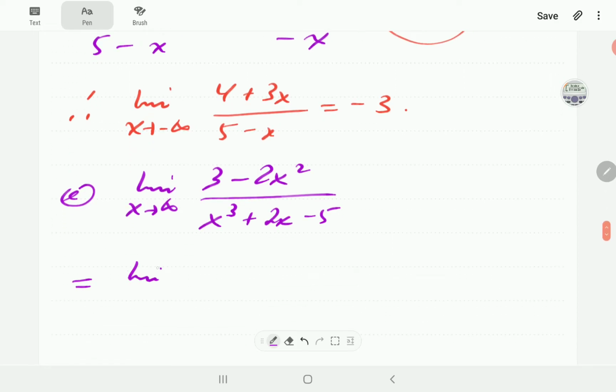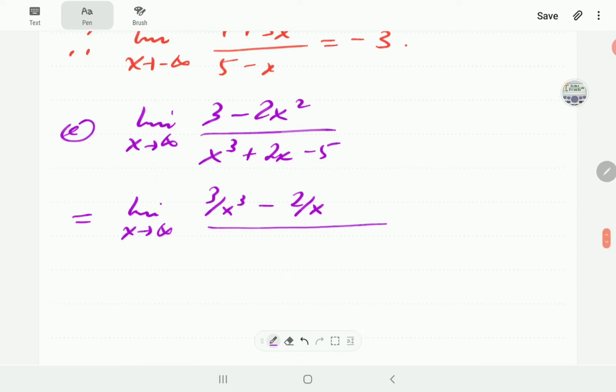Using the first method, we're going to ask ourselves what is the highest power of x in the denominator, and I think you can see that it's x cubed. So we're going to divide every term by x cubed. In the numerator, we're going to have 3 over x cubed minus 2 over x. In the denominator, we're going to have 1 plus 2 over x squared minus 5 over x cubed.